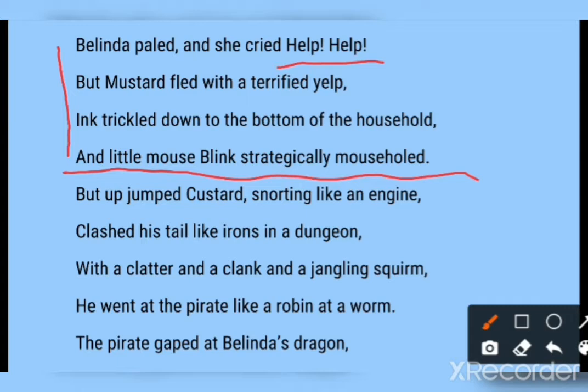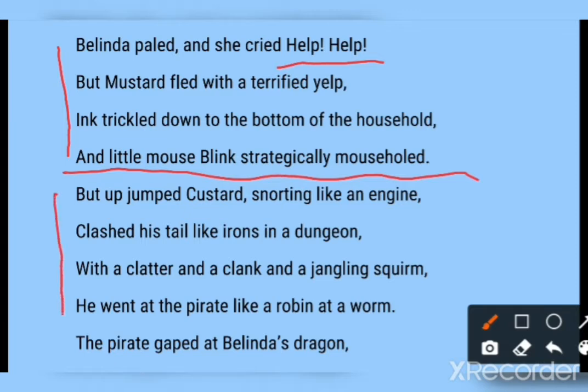But here she cried for help, help, and one who is as brave as a barrel full of beers cannot cry for help. And here this irony is there. The element of irony is in this stanza, when Belinda paled and cried for help, and again she cried for help. So these two devices, repetition and irony, are used in this stanza.